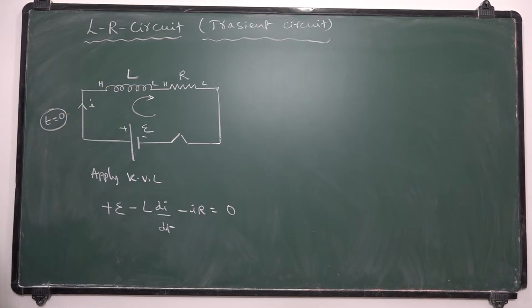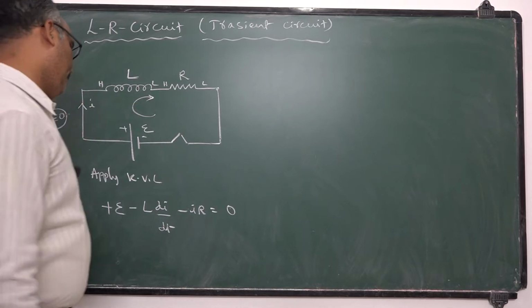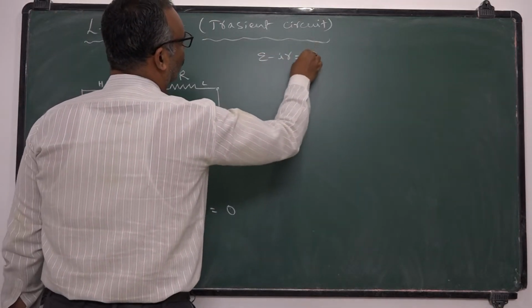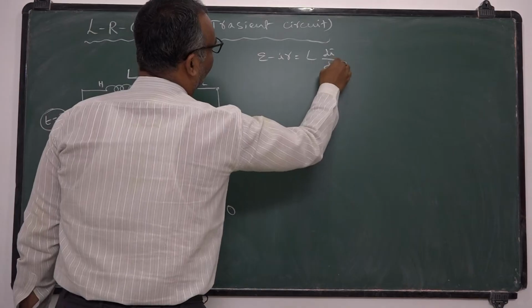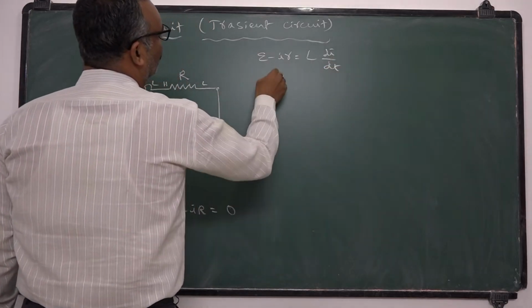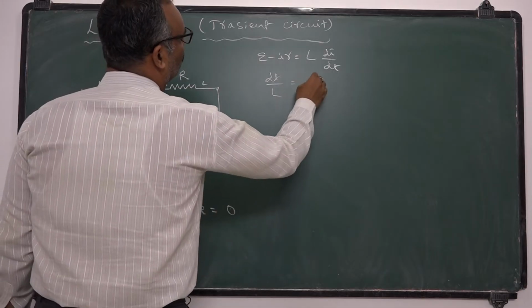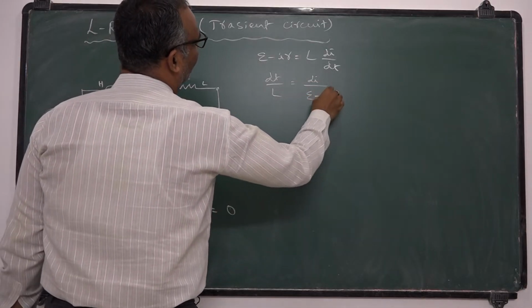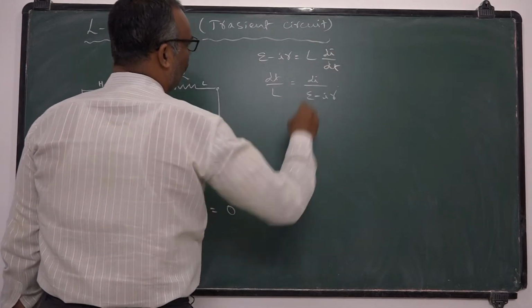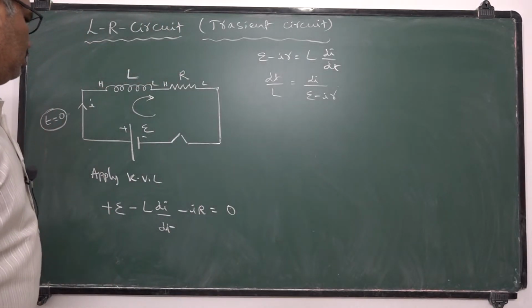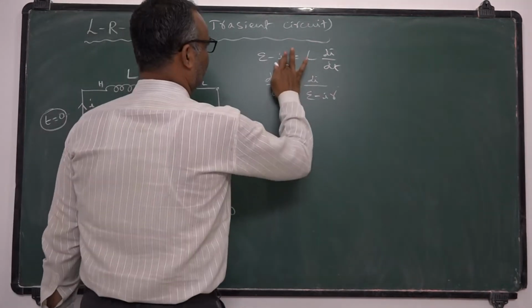If I simplify this equation, E minus IR is equal to L into di by dt. So dt by L is equal to di by (E minus IR). R is capital R, resistance.